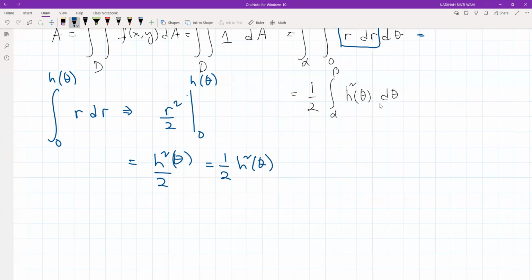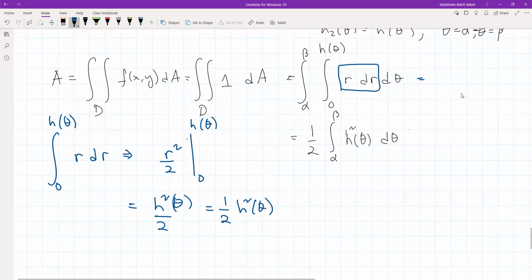Okay, sebab tu saya. So kalau alpha equals to theta and beta equals to theta, obviously dia akan jadi kosong. Okay, so in this case, it has no volume. But if it's not equal, then dia ada nilai dia.